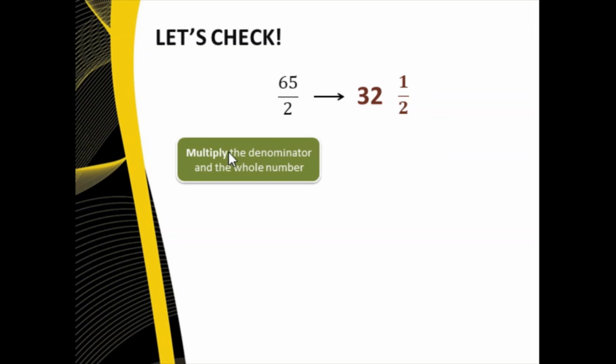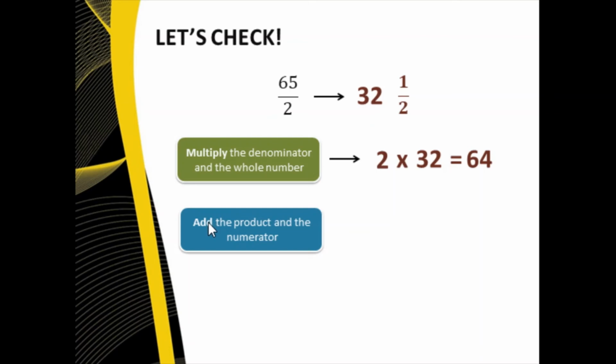If you are not sure of your answer, you will check it by this one. Let's try to see if 65 over 2 is the same as 32 and 1/2. What we are going to do is to multiply the denominator and the whole number together. So we multiply 2 times 32. 2 times 32 is equal to 64. Second step, add the product and the numerator. The product is the answer of multiplication.